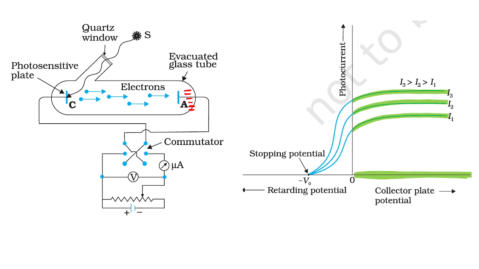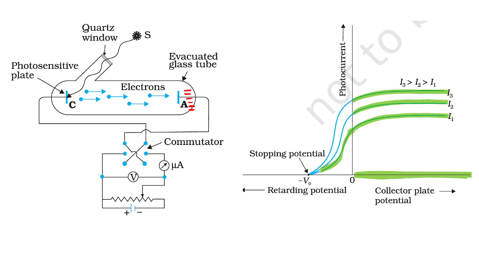In this case, if I give more negative polarity for A, what happens is that the free electrons will face resistance. This negative polarity will repel the electrons. So if you give negative potential to A, the more negative potential results in reduced current.